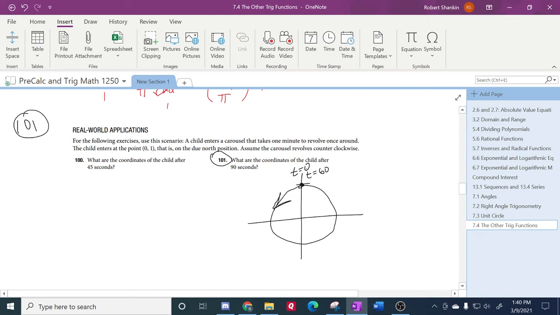Well, 0 seconds, all the way around, 60 seconds is back here, then halfway would have been 30 seconds. So 30 seconds, 60 seconds, it would have also been 90 seconds back down here again. So what are the coordinates of the child? Would be 0 over negative 1 down. That's my answer. Does that answer your question?